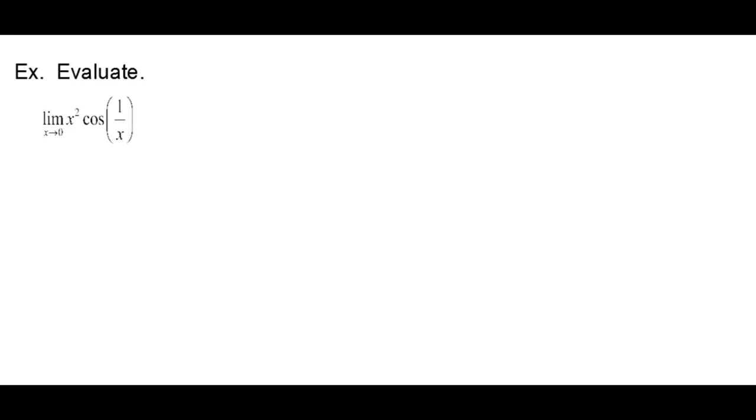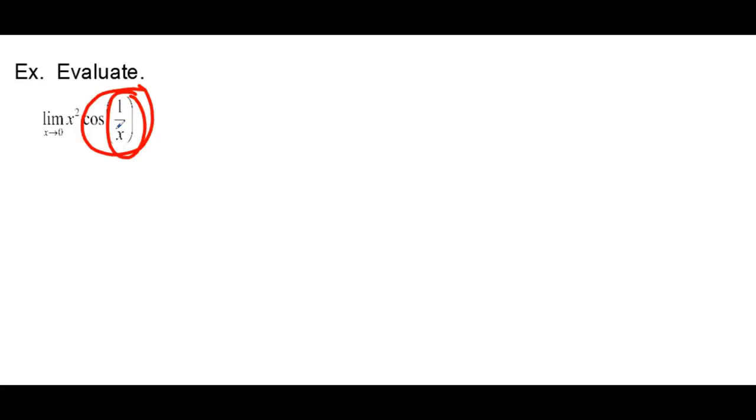All right, so here's how we start out with the squeeze theorem. The first thing we want to do is take a look at just this function, cosine of 1 over x. Now remember that for cosine of 1 over x, this 1 over x is the angle that we're talking about, and we're going to be in radians.